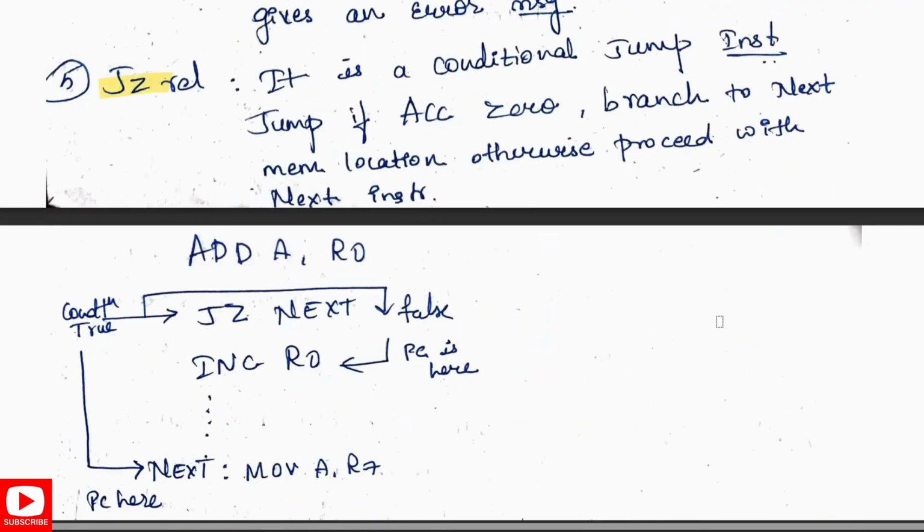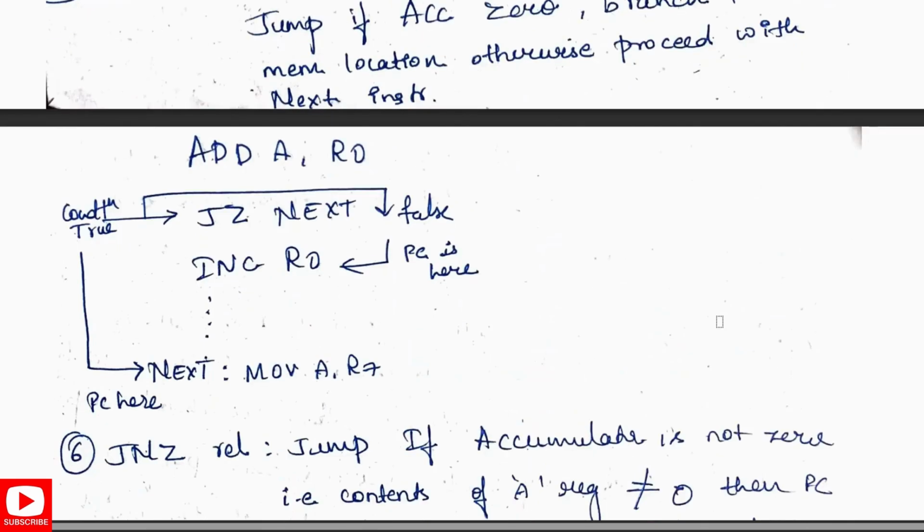Next comes JZ. This is a conditional jump. There should be a condition. So this jump is according to 0: branch to the next memory location, otherwise it will proceed to the next instruction. For example, first we will add A comma R0, they will get added. JZ, that is jump to the next, it's a loop, next.